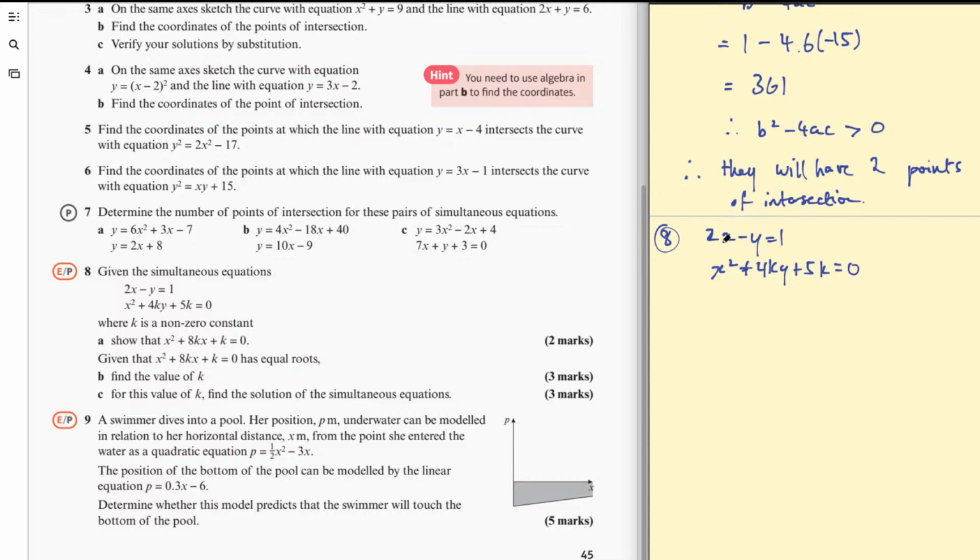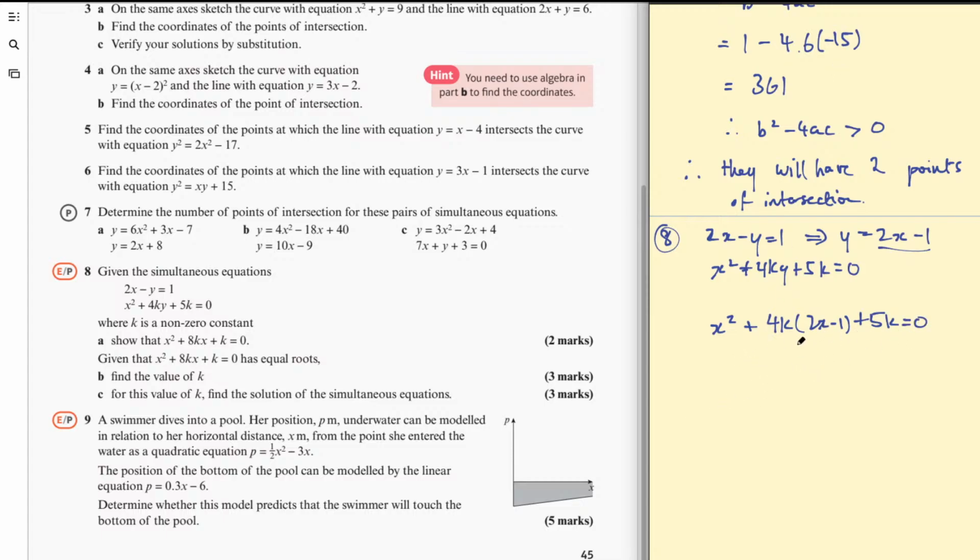So we can substitute the first equation into the second equation as we usually do. So rearranging this first, for y we would have y equal to 2x take 1, and then sub that in here, we would get x squared plus 4k multiplied by 2x take 1, substituting that for y there, plus 5k equal to 0.